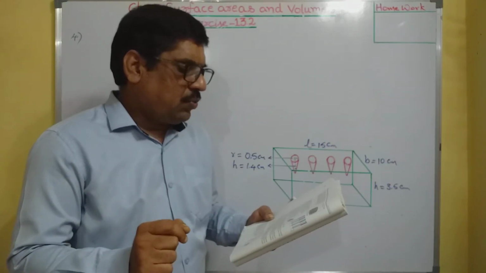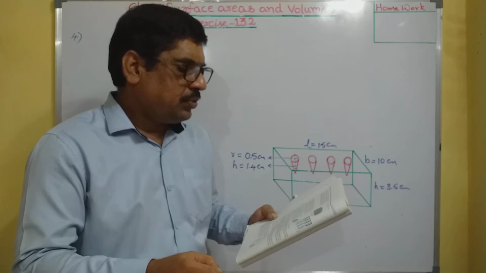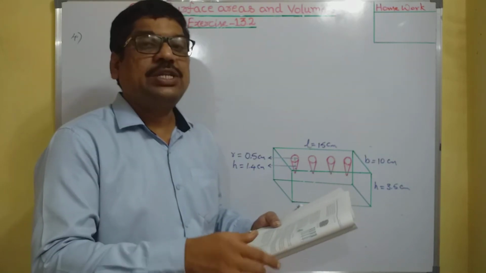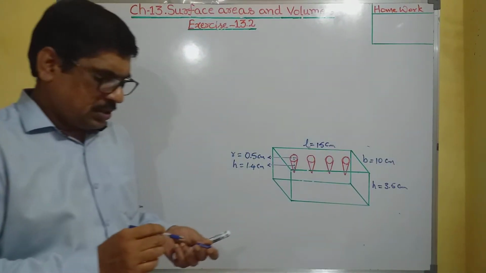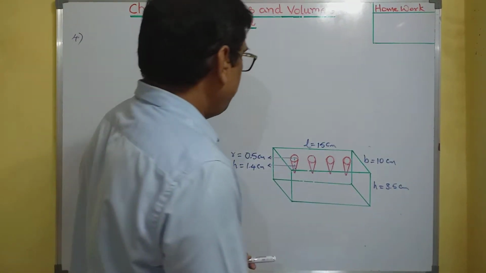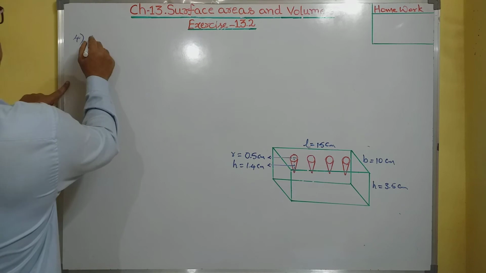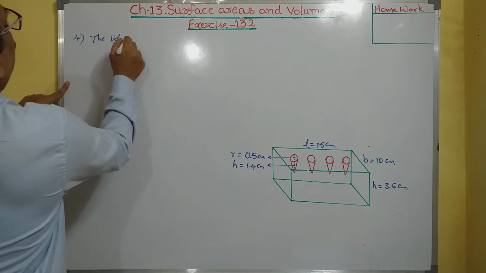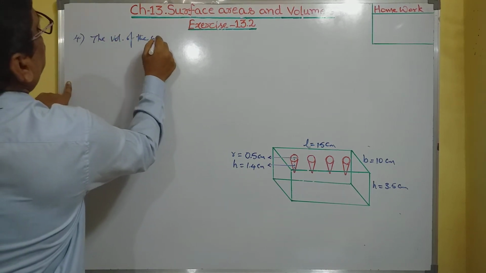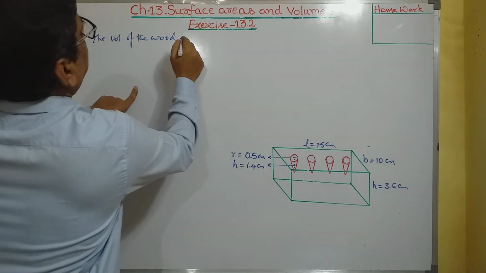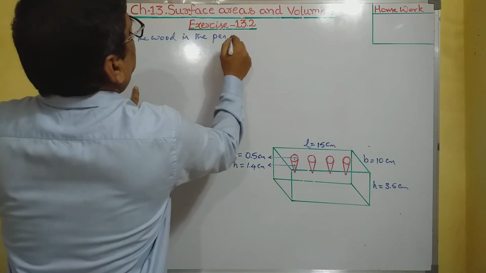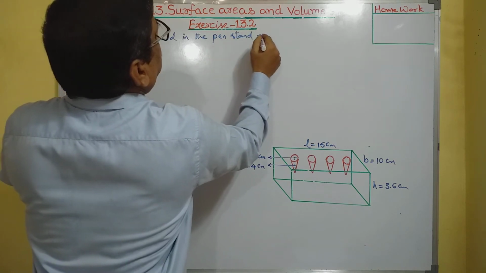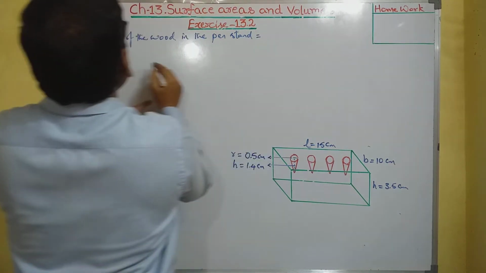Now find the volume of the wood in the entire stand. Now we need to find the volume of the wood present in the pen stand. The volume of the wood in the pen stand is equal to what we can say.